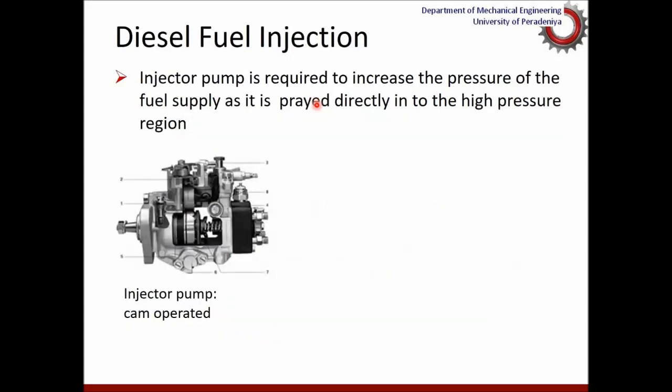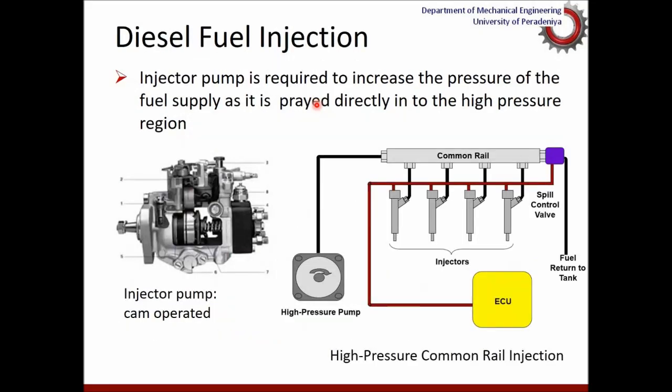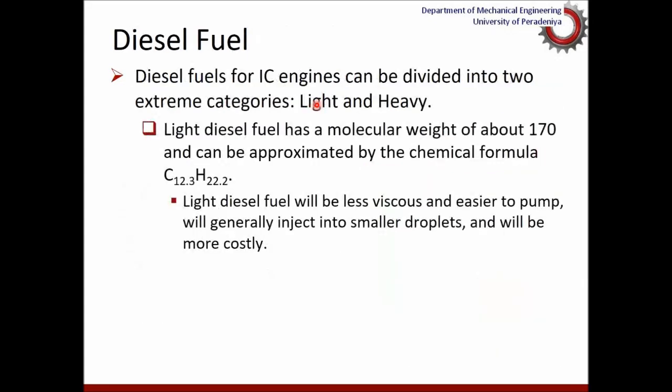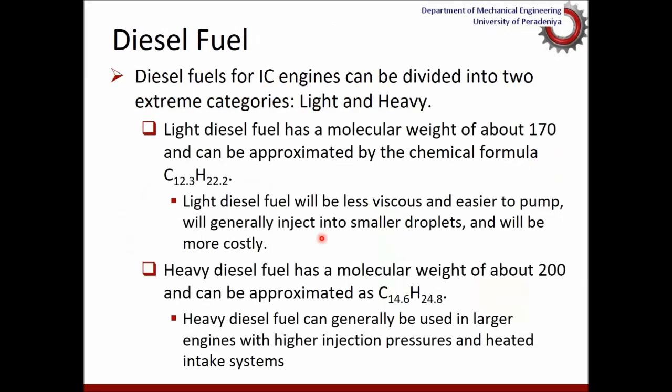And of course, I will skip these slides because I explained these things in one of my previous lectures about injection techniques, the conventional pump technique as well as common rail technique. Basically, there are two different types of diesel fuels used in compression ignition engines: light diesel fuel and heavy diesel fuel.